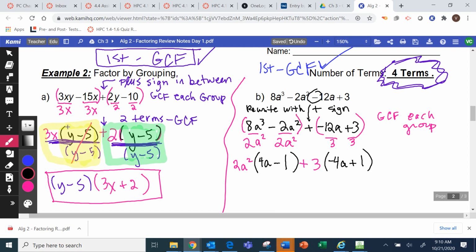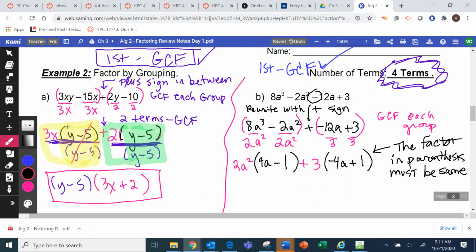Now I'm going to say stop, because in order to do this, these parentheses have to match. They have to be the same. They are not exactly the same.